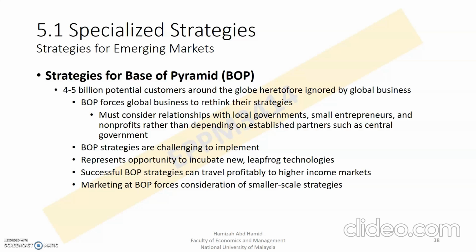Here, companies must consider relationships with local governments, small entrepreneurs and non-profits rather than depending on established partners such as the central government. Think about countries in Africa, the poorer parts of Africa. They can be a lucrative or a good market for your business to venture into.